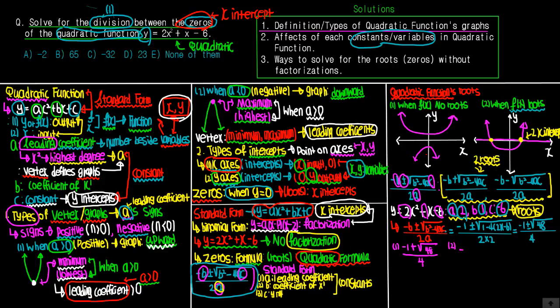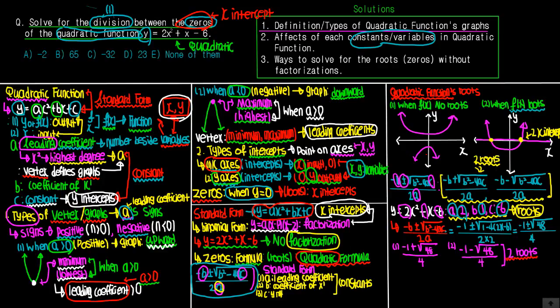Our second one is negative 1 minus the square root of 48, and then all of them over our denominator 4. These are the 2 roots that we solved for applying our quadratic formula: negative b plus or minus the square root of b squared minus 4ac divided by 2a.